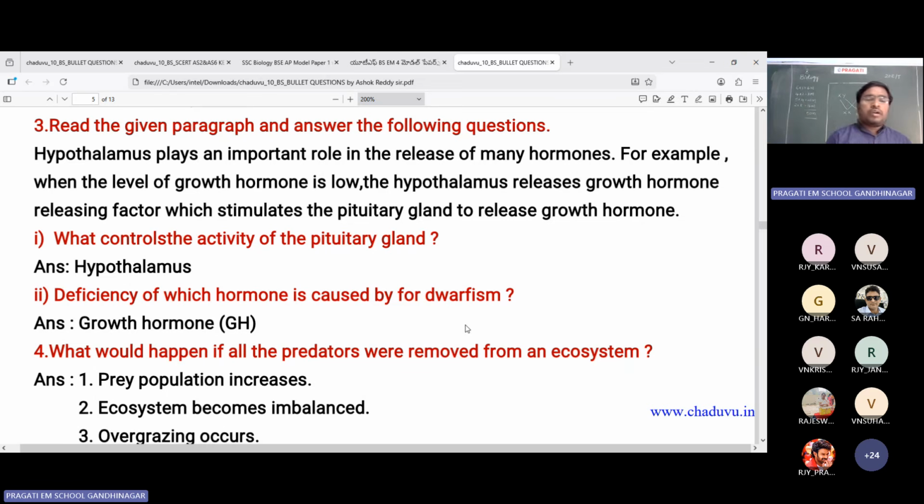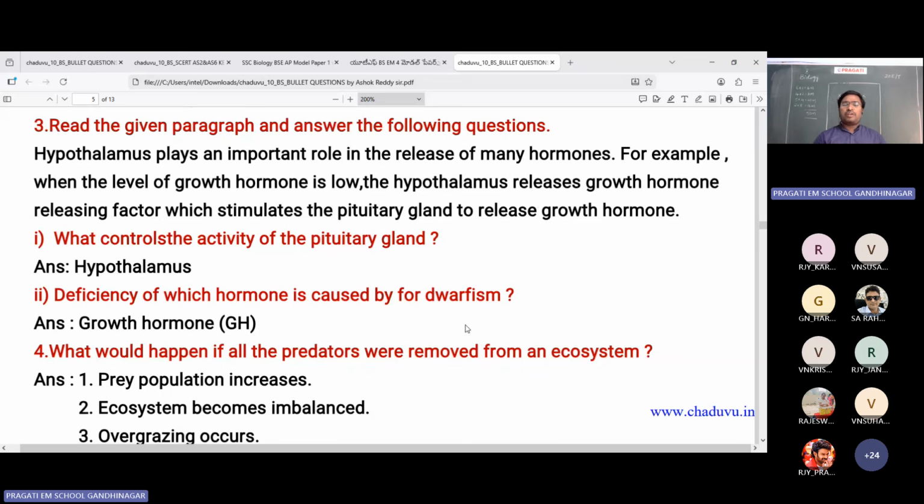See, what controls the activity of the pituitary gland? The pituitary gland is connected with the hypothalamus area, so the answer is hypothalamus. So hypothalamus controls the activity of the pituitary gland and its secretions. And the next question is, deficiency of which hormone causes dwarfism?